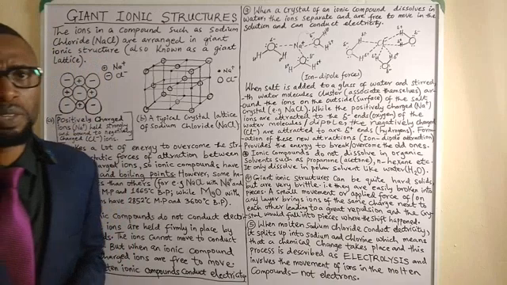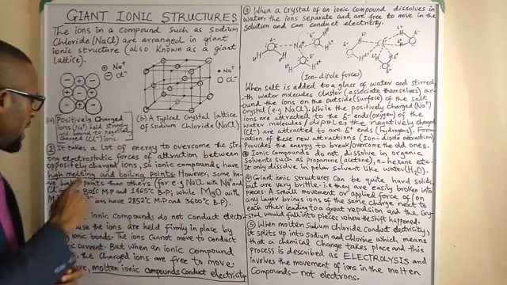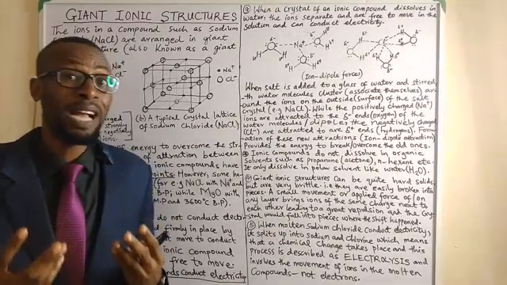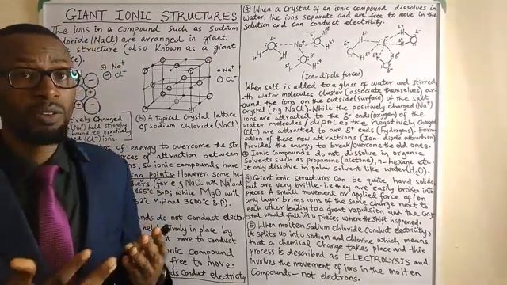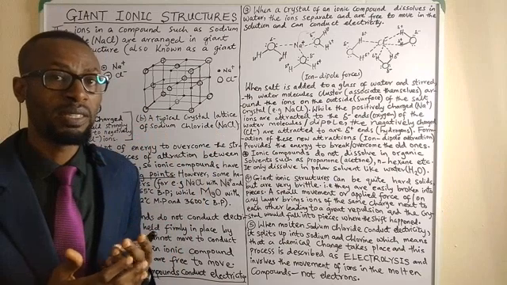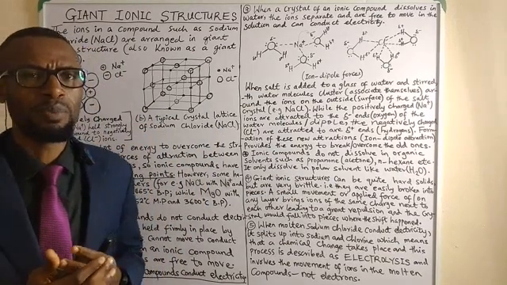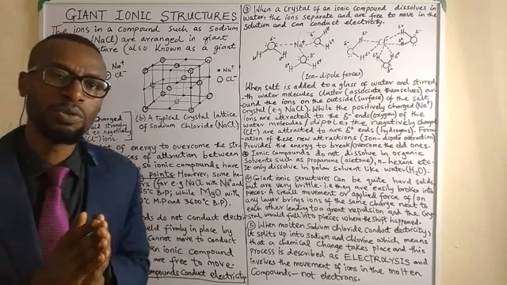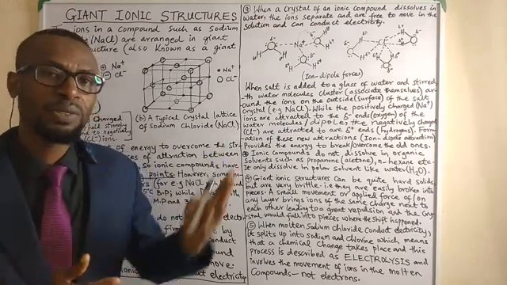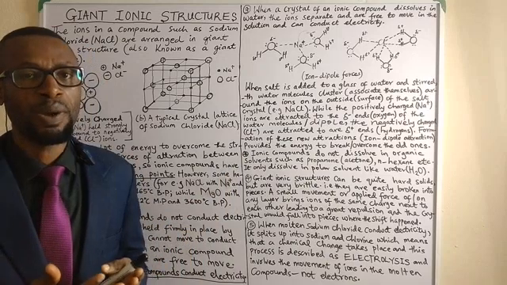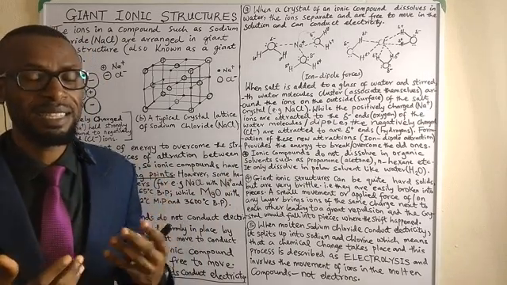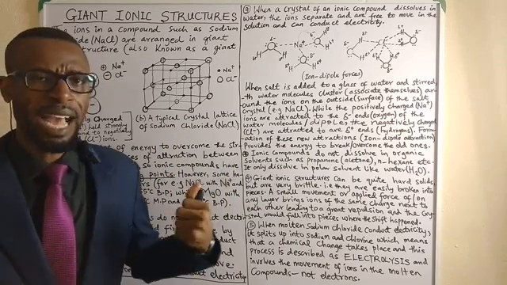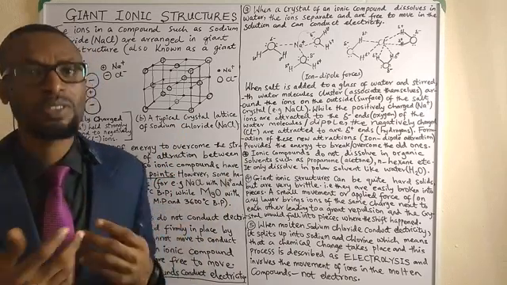So what did we pick here? Ionic compounds, again, have high melting points and high boiling points. However, some ionic compounds have higher boiling points and higher melting points than others. And this is because of other factors, which I told you: the higher the magnitude of the charge on a given ionic compound, the higher the lattice energy, the stronger the ionic bond, the higher the ion-to-ion interaction, of course.